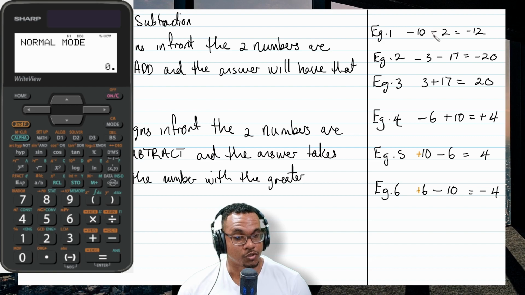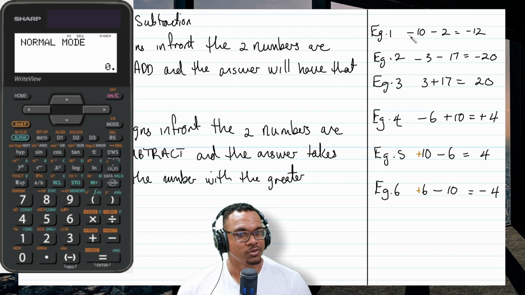We're talking about how to use the calculator, right? The one in the middle, you're going to use the operation negative on the calculator. But the one out at the end here, you have to use the other negative. Some calculators may allow you to use the same button, but not all, so it depends on the calculator.